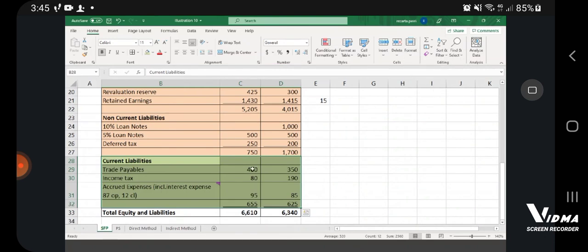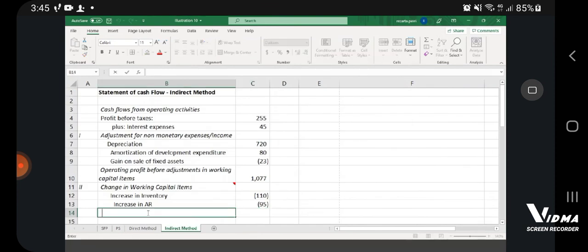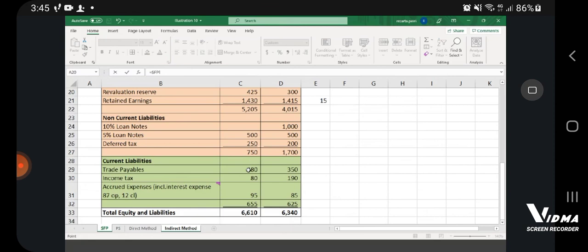Trade payables, yes, definitely they impact the working capital items. The trade payables have been increased, and an increase in the liabilities means a positive effect for the cash of the company. So we have increase in accounts payable, and as we said, that has a positive impact for the company.